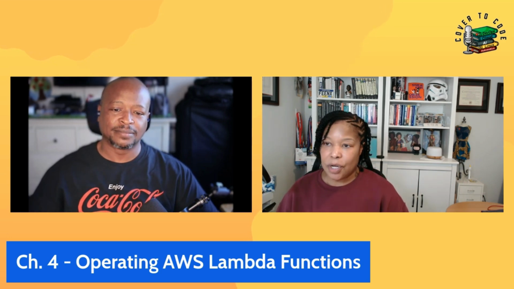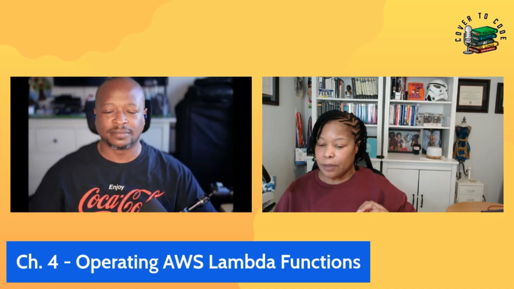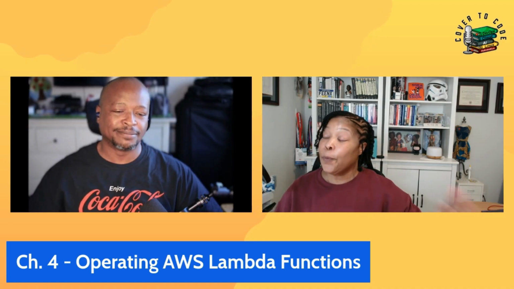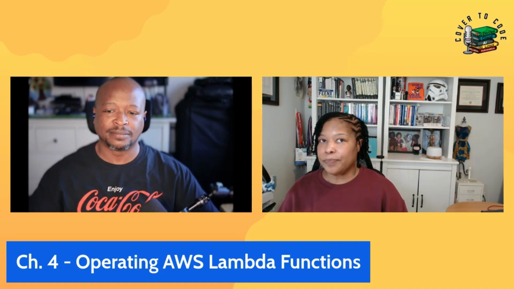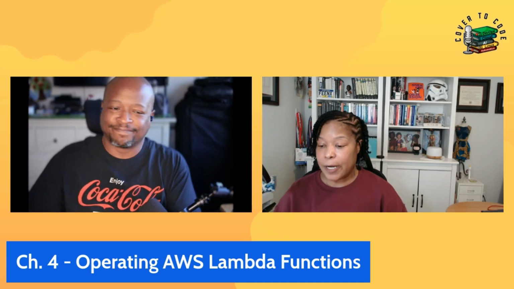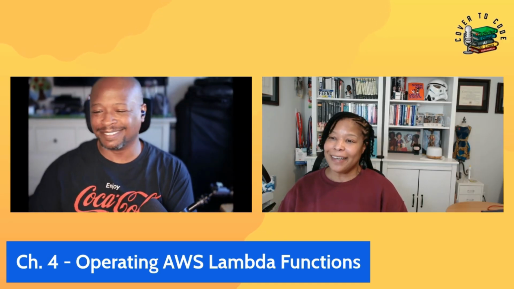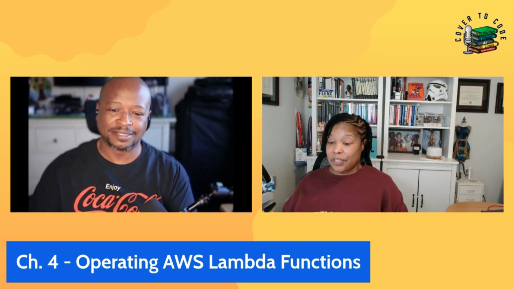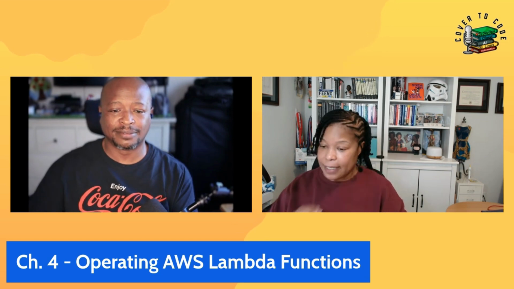It's very easy to just say, let me give it all the permissions, when you should be much more precise, only giving the permissions needed to do the job it needs to do. If a function is not going to reference another service, why would you give it the keys to the kingdom? Why? So that's literally chapter 4, but it breaks it down.